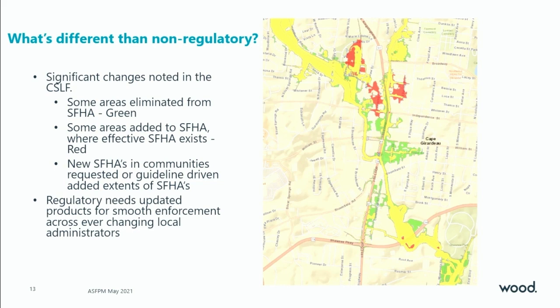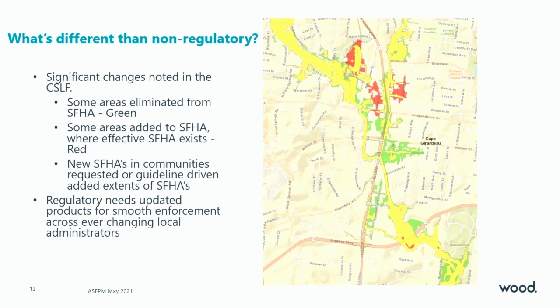This representation here at first glance would appear to have more green than red on it, which means there's more area within this reach of the stream coming out of the special flood hazard area than there is going in. But the area is sometimes not the most significant. You probably need to turn the footprints on to determine how many actual structures are being impacted and how many businesses are being impacted.